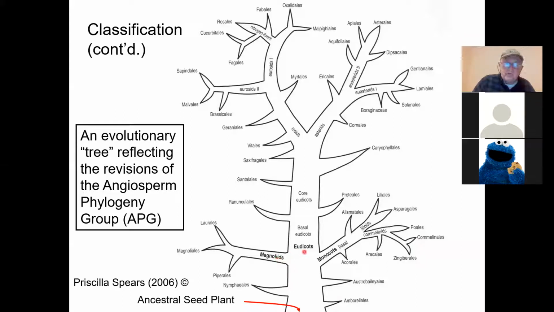Monocots have one cotyledon, but the magnoliids also have a feature that monocots have. They have one pore in the pollen grain. And people say, well, who decided those characteristics are more important than any others? That's a subjective decision that somebody decided is important in classification, and it's one that few people argue with.